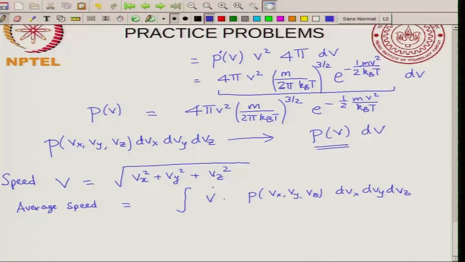This is a triple integral, because you are integrating over Vx, Vy and Vz. So, I will just write this as a triple integral, and each of Vx, Vy, Vz goes from minus infinity to plus infinity.